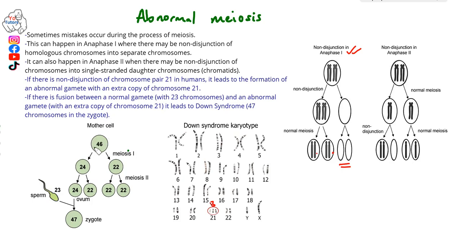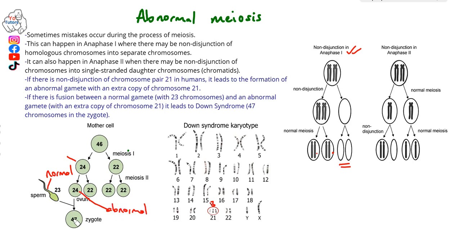If we put this into practice, a mother cell divides and one of the cells has an extra chromosome, so instead of 23 it now has 24. If the ovum with 24 chromosomes fuses with a sperm with 23, this one is normal and this one is abnormal.